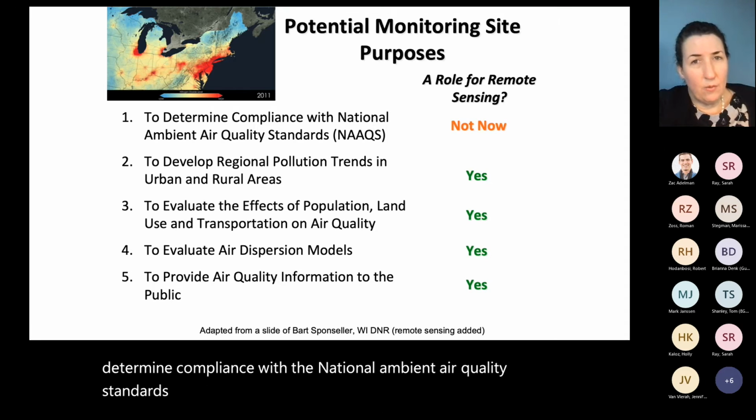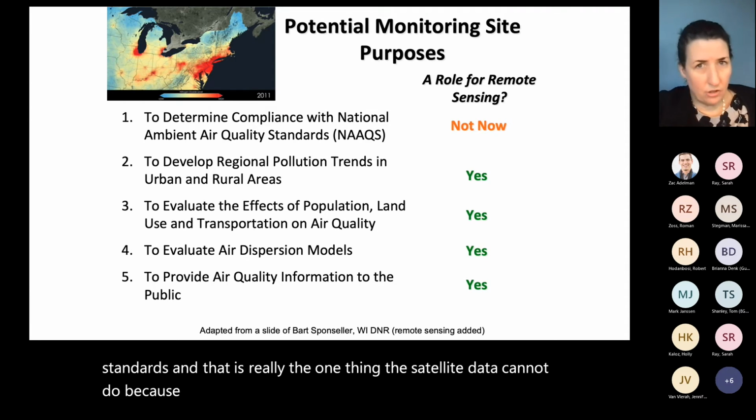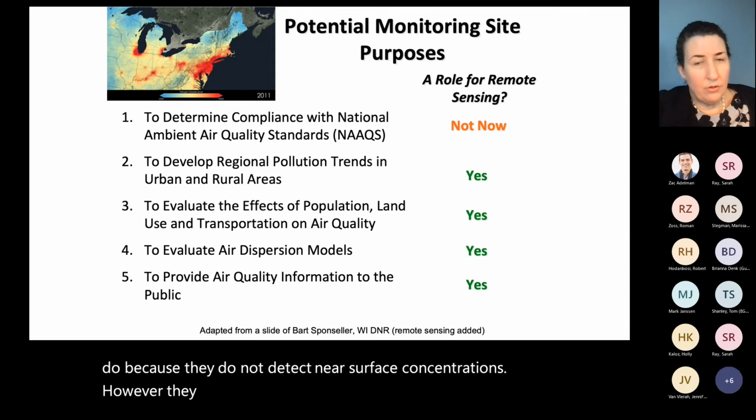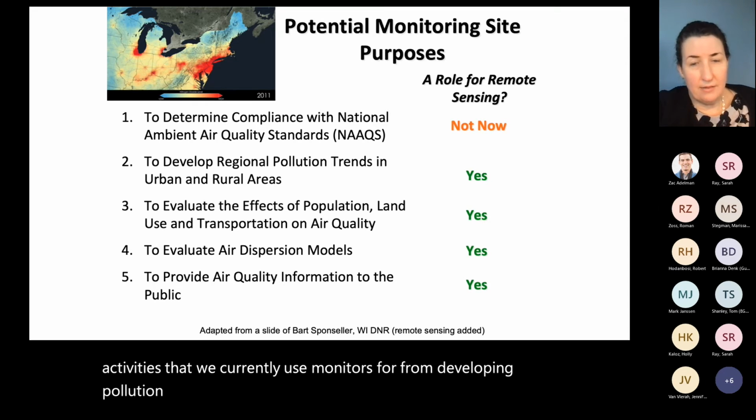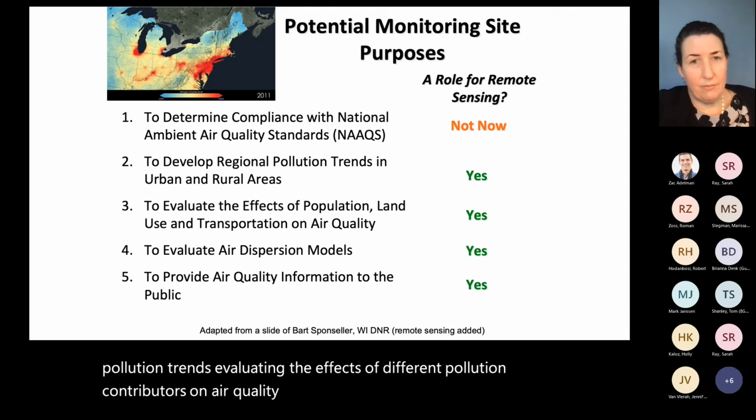And that is really the one thing that satellite data cannot do, because they do not detect near surface concentrations. However, they definitely can play a role in most of the other activities that we currently use monitors for, from developing pollution trends, evaluating the effects of different pollution contributors on air quality, evaluating models, and providing information to the public.